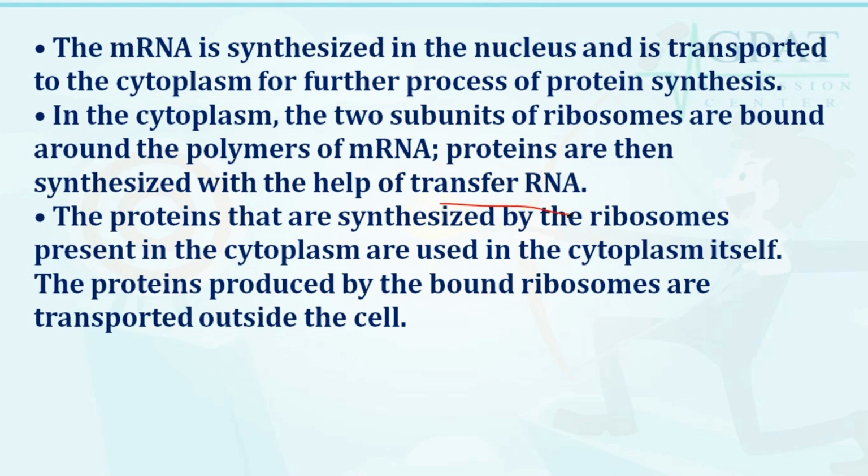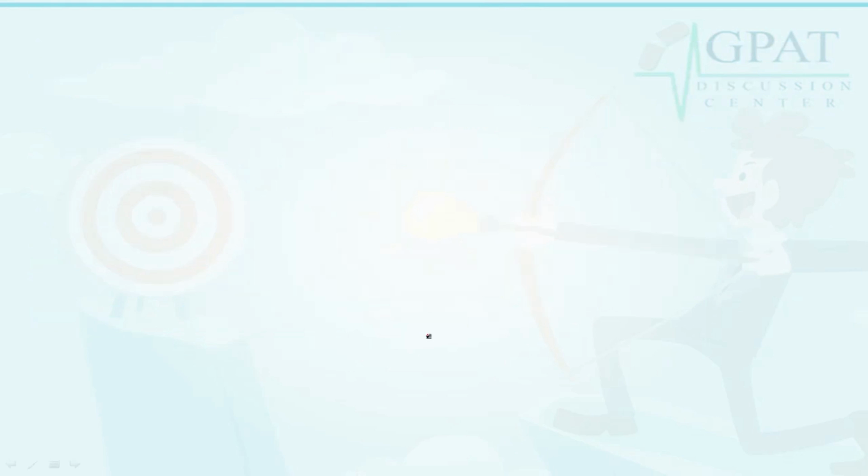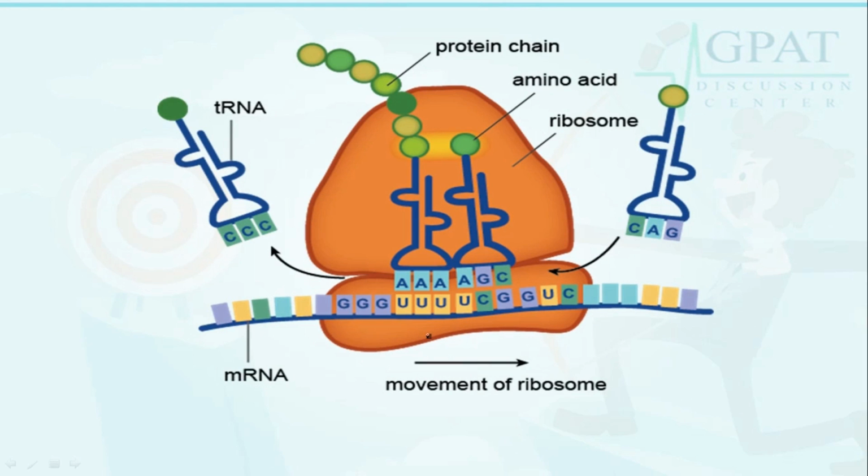The proteins that are synthesized by the free ribosomes present in the cytoplasm are used in the cytoplasm itself, and the proteins produced by the bound ribosomes are transported outside the cells. This is the process of protein synthesis.